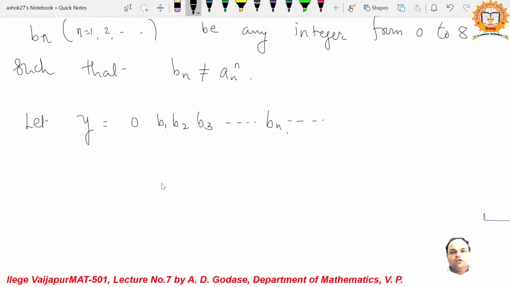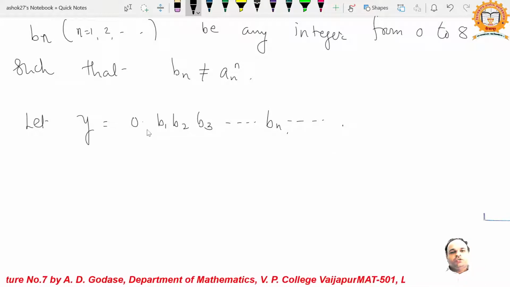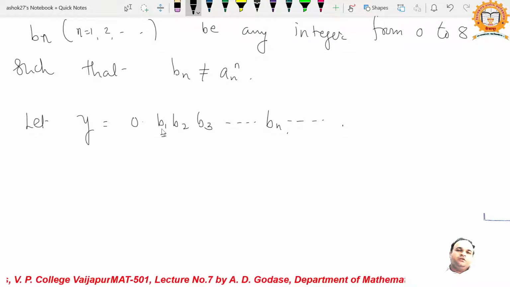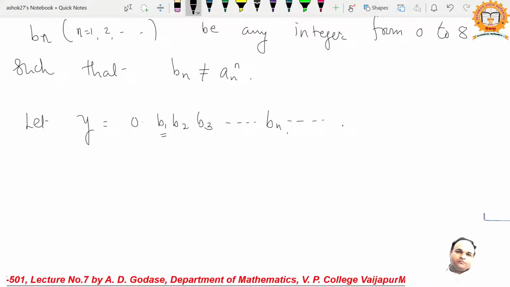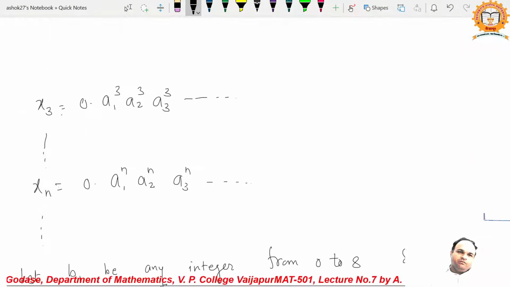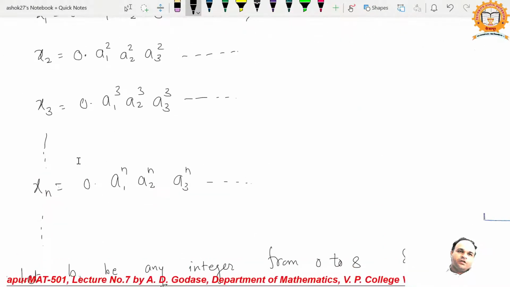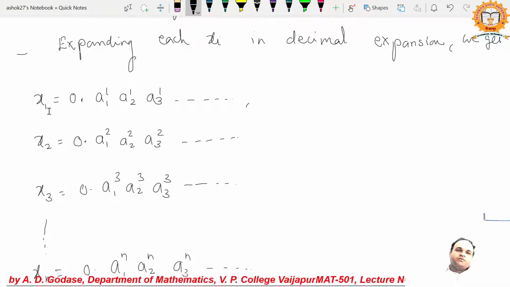Here you can observe the first digit of y, that is b1, is different from a11, therefore y is different from x1.